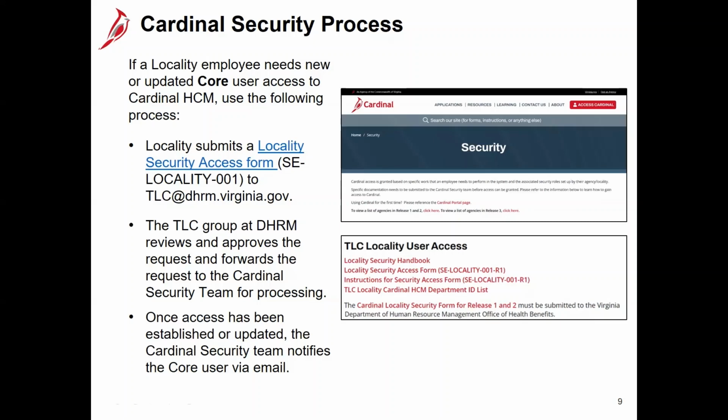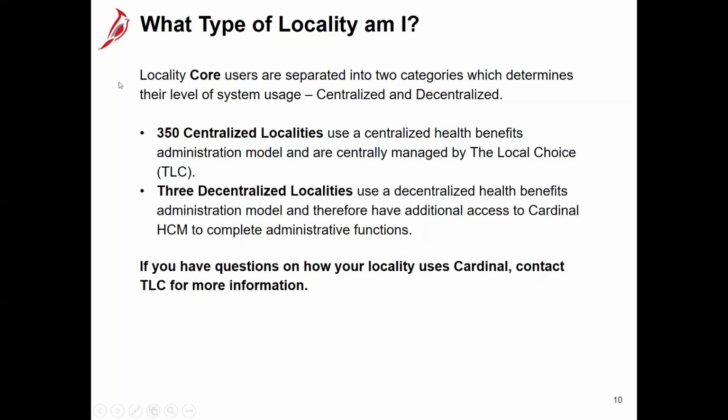If you're wondering what type of locality you are and you're looking at potentially that new website page we just set up, there are two different programs or two categories that determine your usage. There are 350 centralized localities. So most of you who are on the call are a centralized locality.